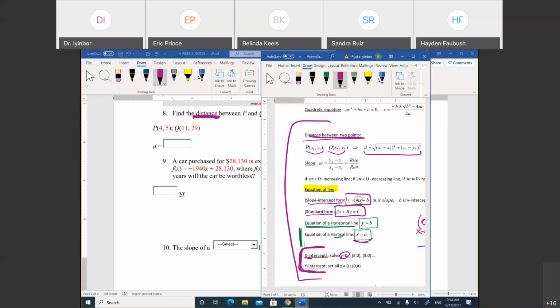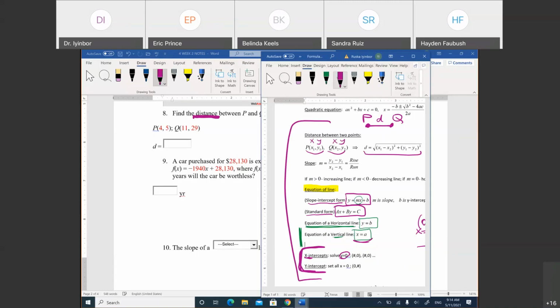Now, what does the distance between 2 points mean? We have 2 points given, this point P and this point Q. When you connect them with a straight line, that's the distance between them. We're just going to plug the coordinates into the formula. For these coordinates, you see x1, y1, x2, y2. Remember, P always has coordinates x and y, and Q also, the first number is x and the second number is always y.